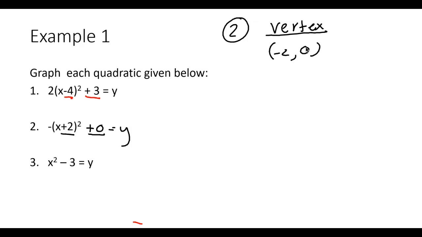Cal, what's the A value on this one? It's a -1, right? So Jedrick, happy face or sad face? I agree. So see if you guys can do a sketch of what you think that would look like.